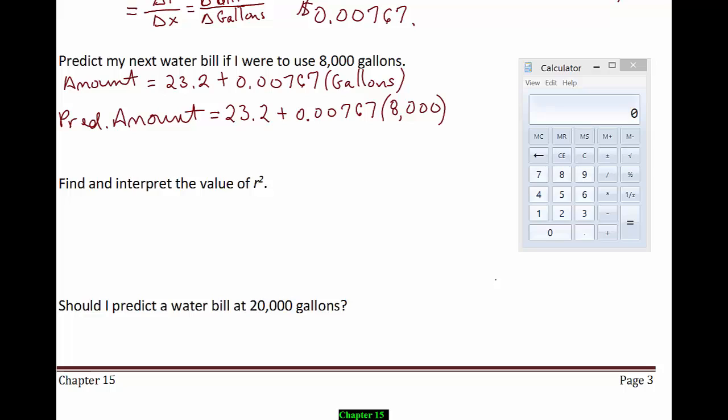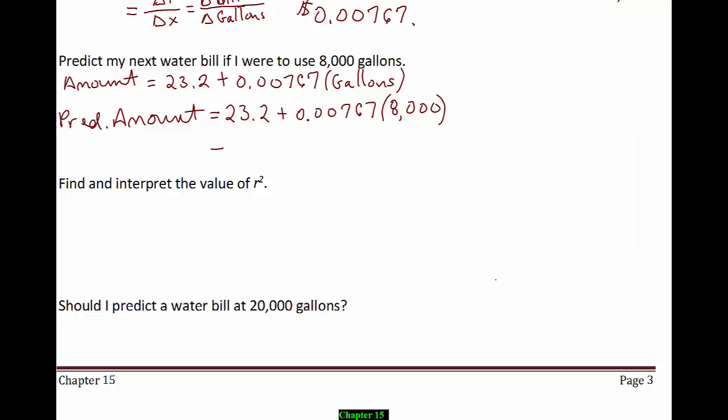So we can punch this in the calculator. And I'm going to take 0.00767 times 8,000. And then I'm going to take that amount and add my 23.20. And that gives me $84.56.